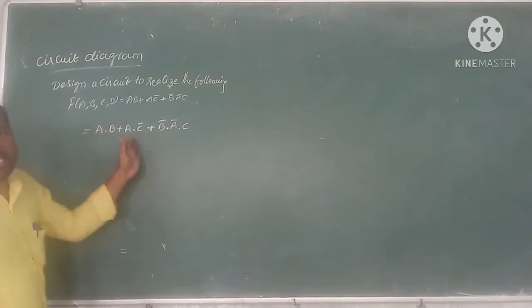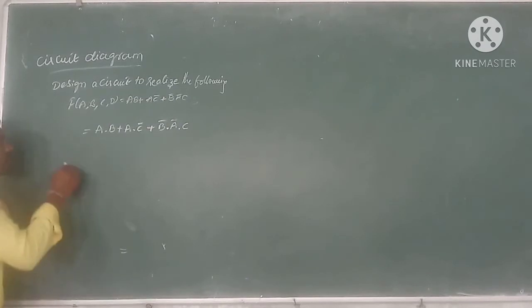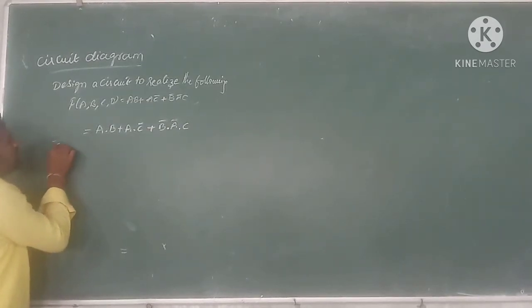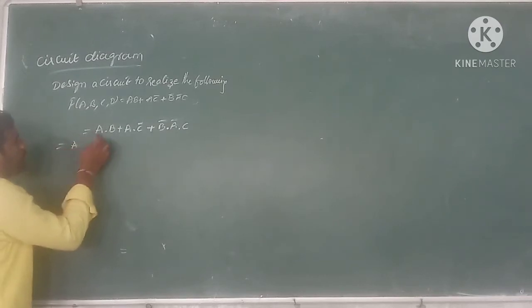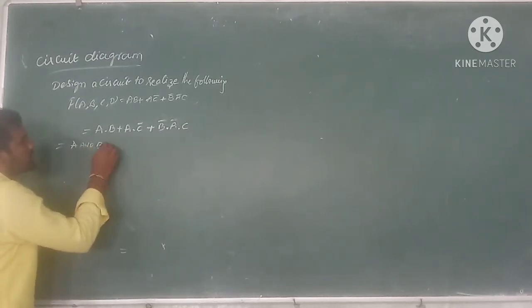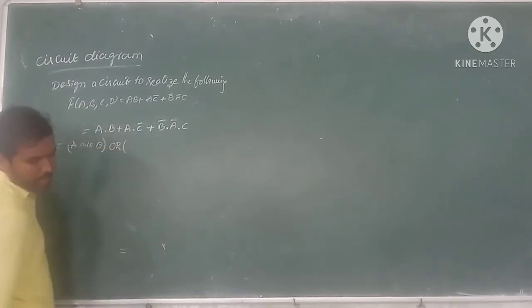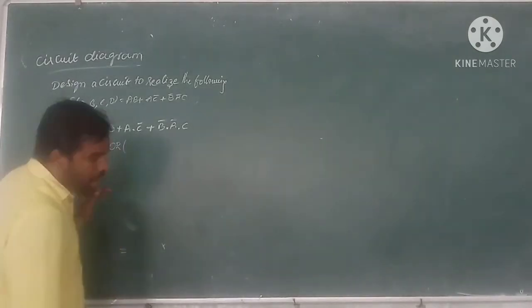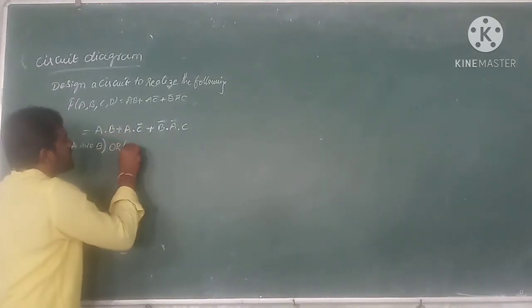This is what the real equation looks like, but we are going to write it in a format from which we can easily draw the circuit. First, a dot b: the dot is the AND operator, a and b. Plus is nothing but the OR operator.